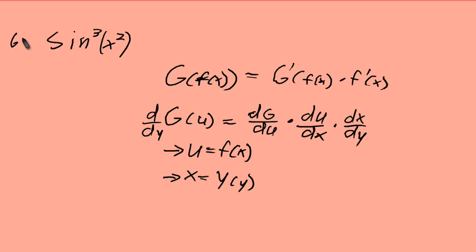Now when we take our function, g equals sine cubed of x squared, what do we really have here? We have sine of x squared raised to the third. So we could say g of u equals u to the third.